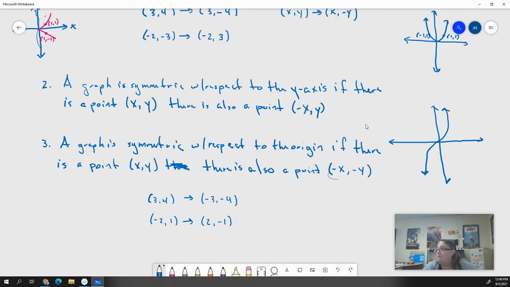And that would be something with respect to the origin, right? I would have a point here that's (1, 1), but I would also have a point here that's (-1, -1). Does that make some sense? So we flipped, right? Whatever's happening here has now been flipped over here, and whatever was happening here is now flipped over here. It flipped on both sides.